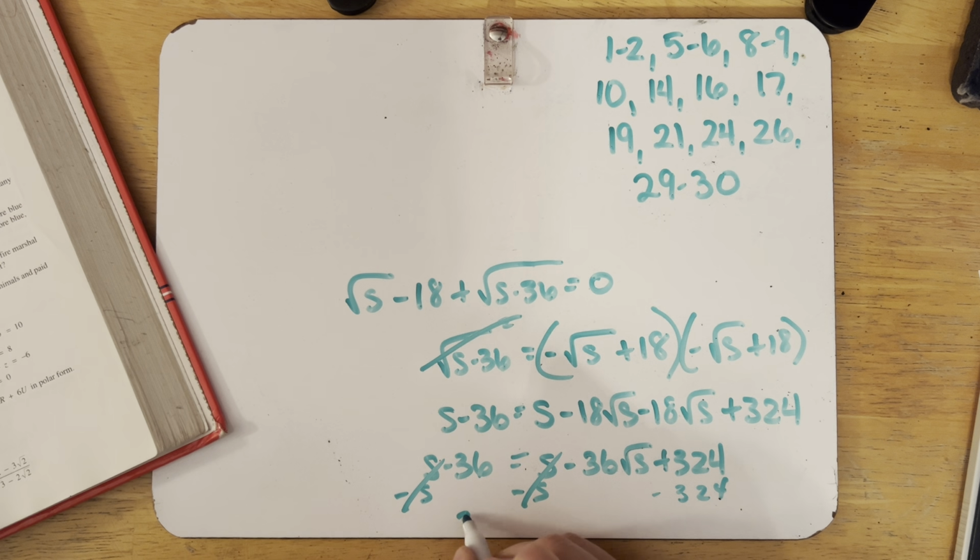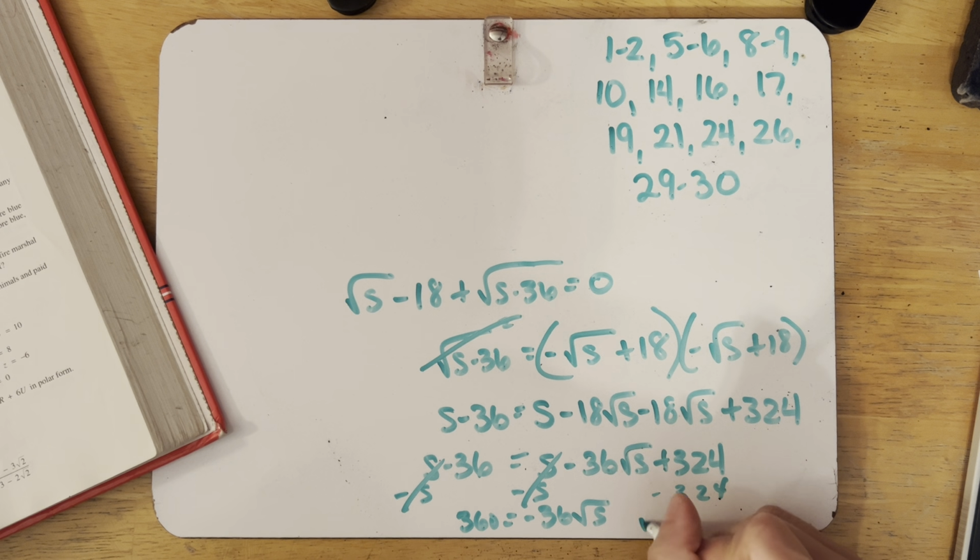Okay, and that's going to give me, I don't know if this is cutting off, 360 equals negative 36 times the square root of s. Okay, and then I'm going to divide both sides by 36. And then I have, sorry if you can't see this, the square root of s equals 10.